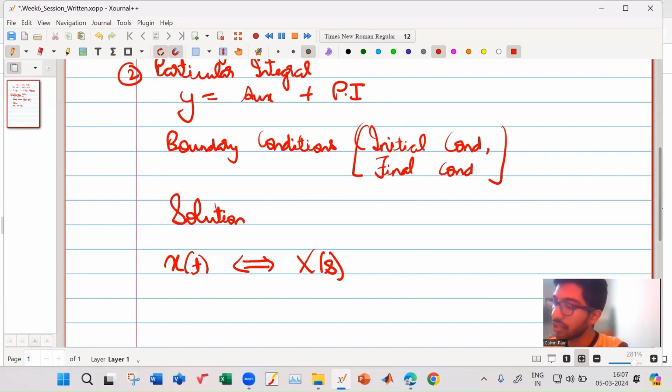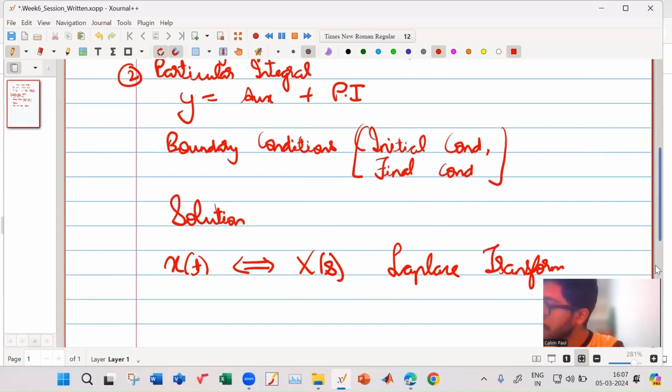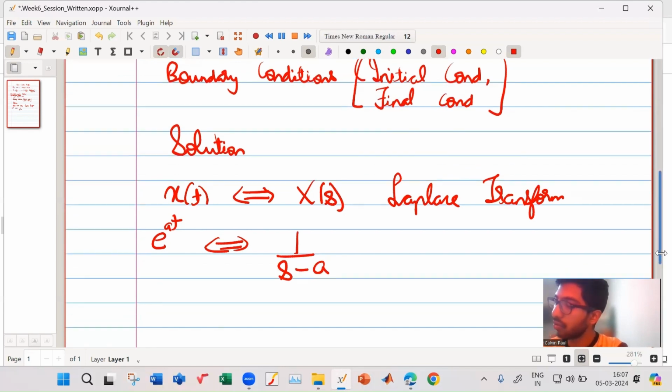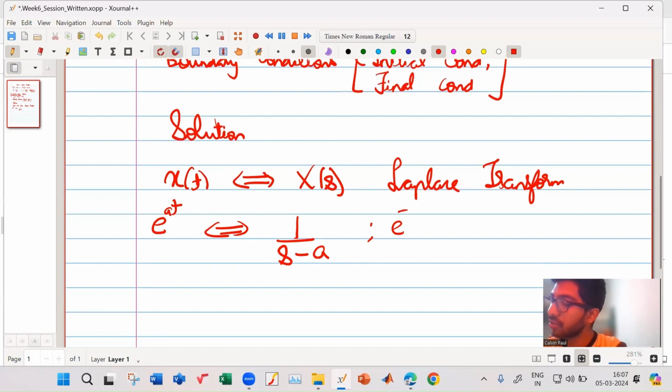And this is known as your Laplace transform. As an example, let us consider e raised to at. This function e raised to at has a Laplace transform which is given by 1 upon s minus a. So what will be the Laplace transform of e raised to minus at?